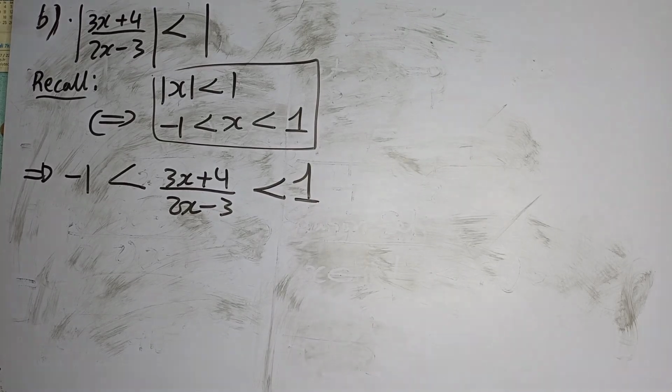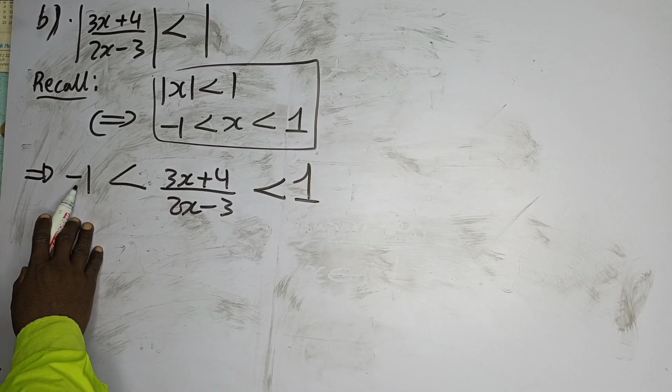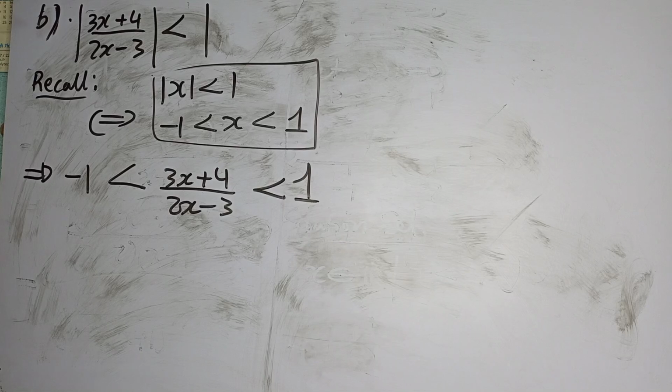Inequalities of this nature are best done when we split the inequality into two. This middle member will go with the left-hand member. The same middle member will go with the right-hand member, and then we intersect our solution sets to bring out the unique solution set.